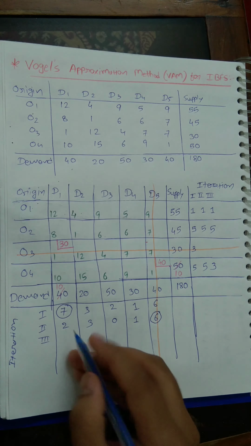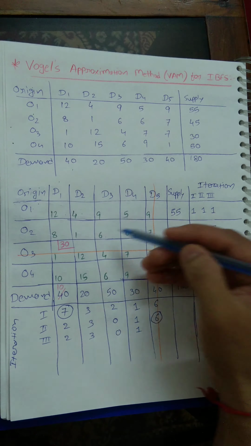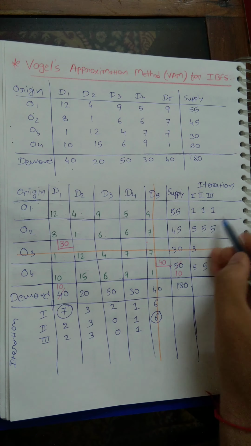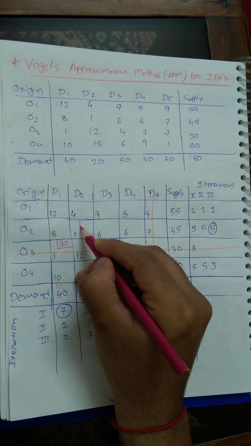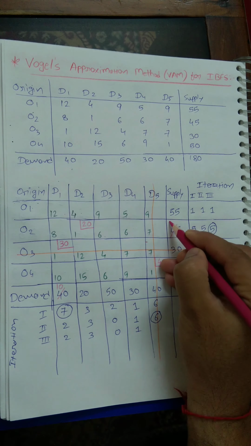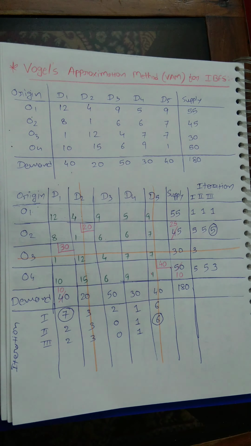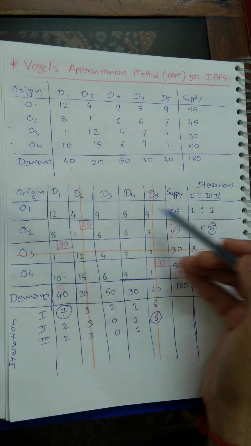I am just forwarding this video fast. You can cross check this on your own. I am doing the same procedure: we are just taking the difference of the two least costs. For the third iteration, follow the same procedure and cancel out the respective column or row, whichever is applicable.